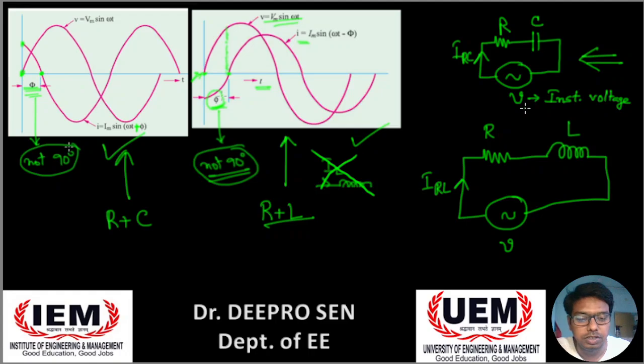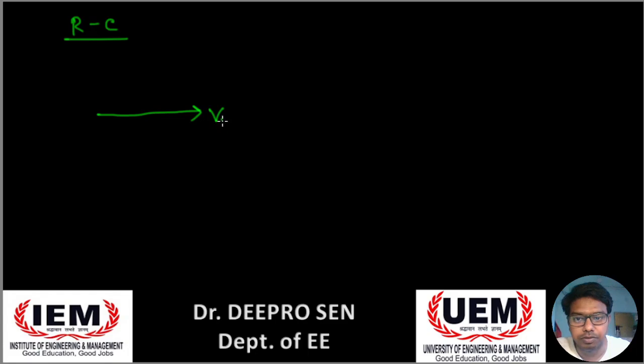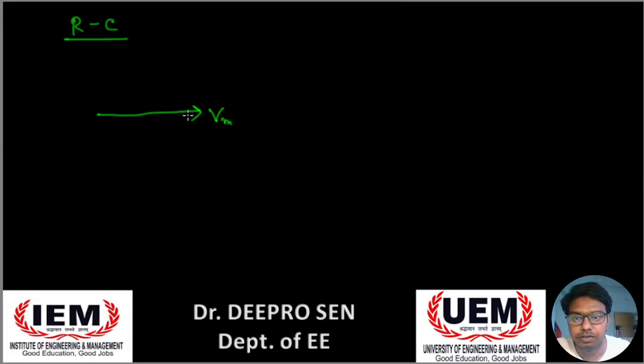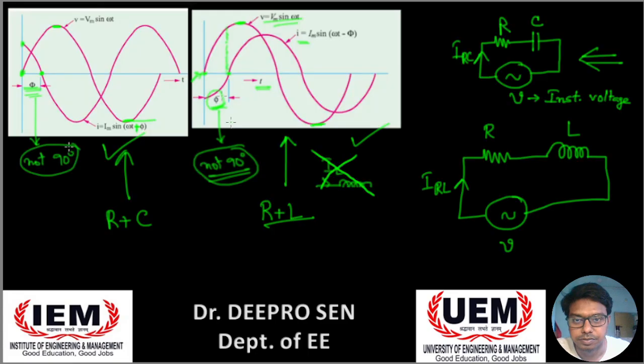Capital V or capital Vm is the maximum voltage, that is maybe at this point or at this point, and minus Vm is this point. When you are taking the vector, we need to consider the maximum magnitude, and obviously the direction. That's why Vm comes here, or we can simply write it as V.